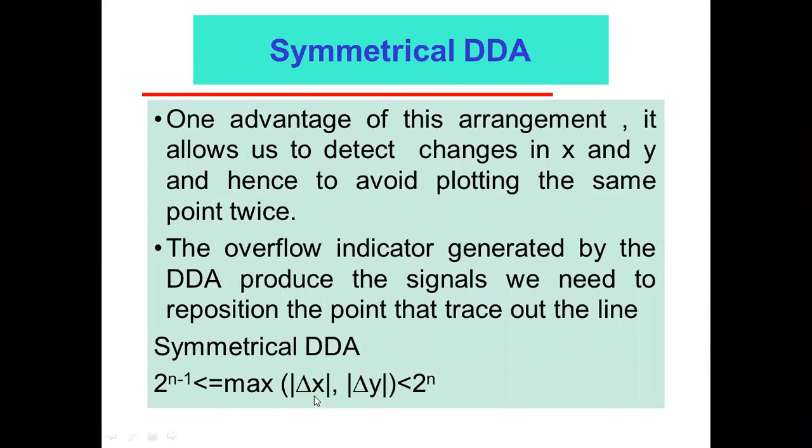Now you can check yourself. Here you are getting 6 comma 9, and in place of delta y you are getting 9. So in this case, 2 to the power n minus 1 is less than or equal to 9, and 9 is less than 2 to the power n. Now you can calculate the value of n.